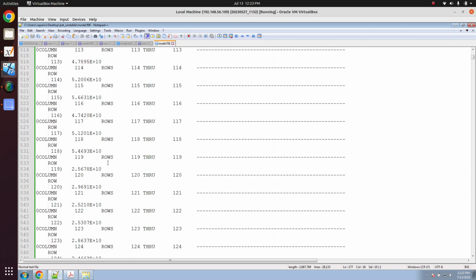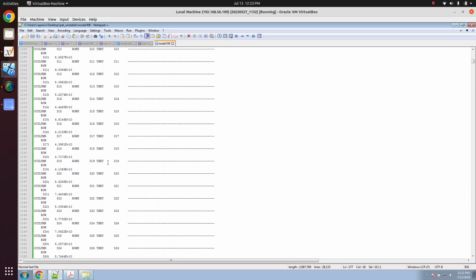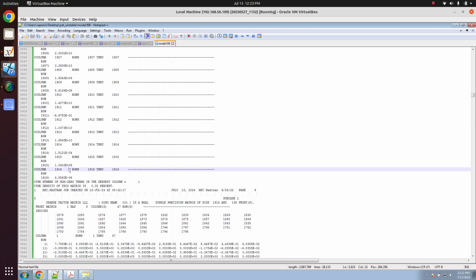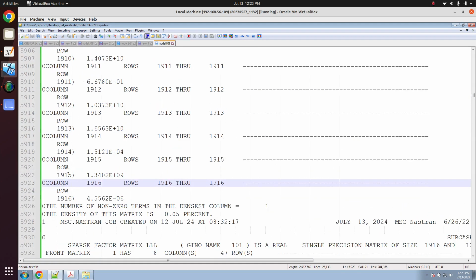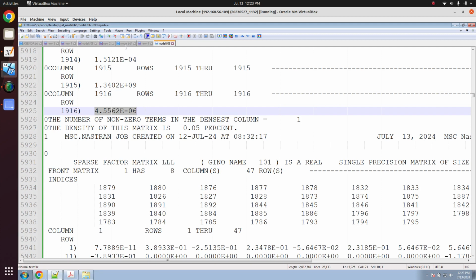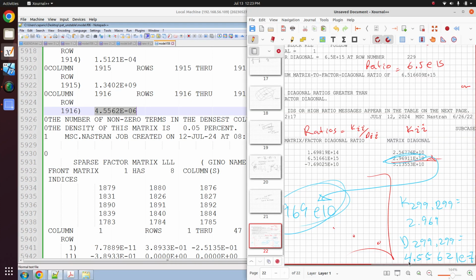So if I scroll to the very bottom, and this is a very big example, so let's go ahead and scroll to the end. And the very end is going to be the diagonal term for row 299. So if we go back here, we back calculated here at the bottom right that the diagonal term is 4.55 e -7.